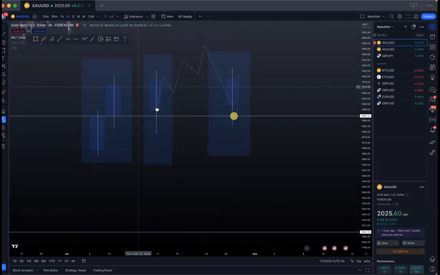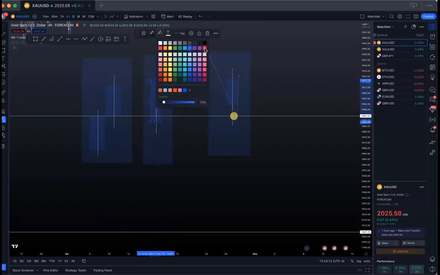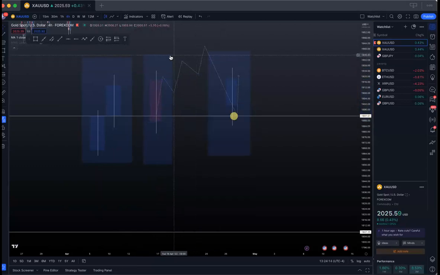If you see that this level has been tested, and it closes bearish, that's not valid for you. And I'll tell you how you could still take advantage of this area.